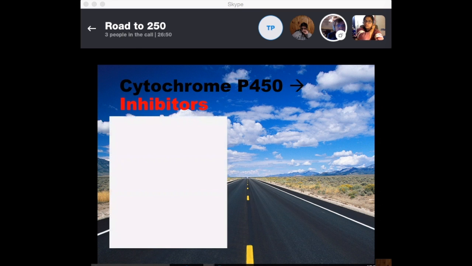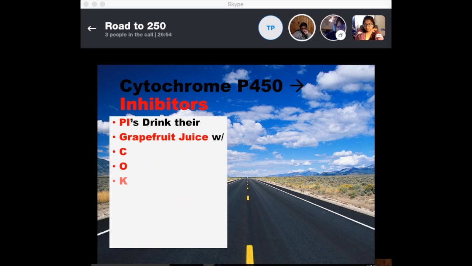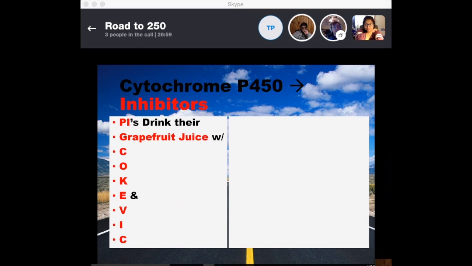Okay, and then for inhibitors, I've got "PIs drink their grapefruit juice with Coke and Fike." Sounds like a real party. What are these? PIs are just a generalized class of drugs, protease inhibitors, like ritonavir, lopinavir.